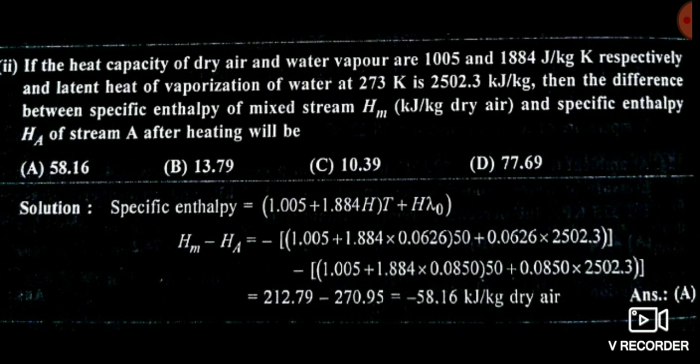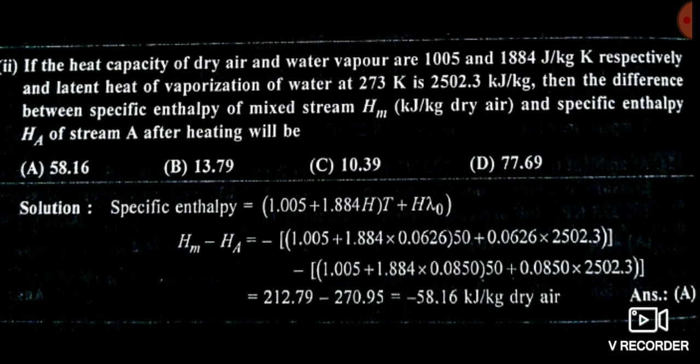Friends, here we are finding the difference in specific enthalpy. It is asking in the question: initially some enthalpy is present and finally some enthalpy is present. So the difference in specific enthalpy of the mixed stream HM and the specific enthalpy HA.